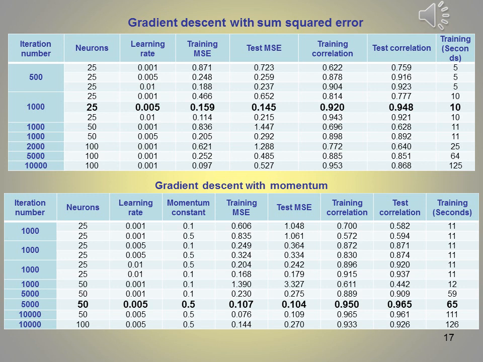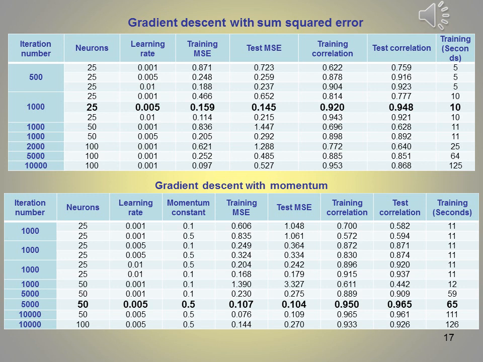In the slide, two tables belong to the performance of artificial neural networks trained by gradient descent and gradient descent with momentum. According to analysis results, the best performances are given in the rows with bold characters.